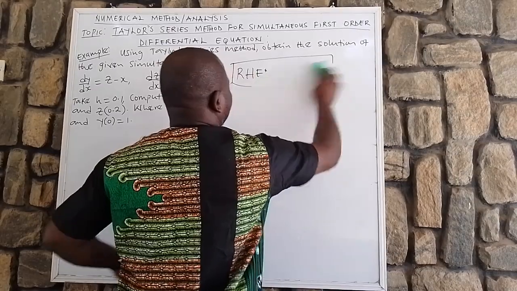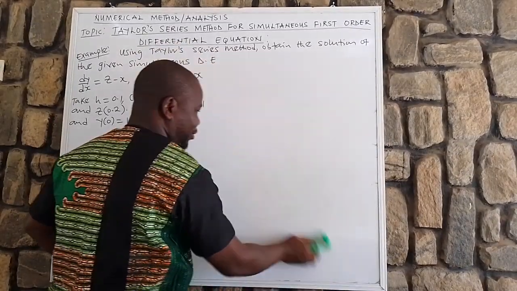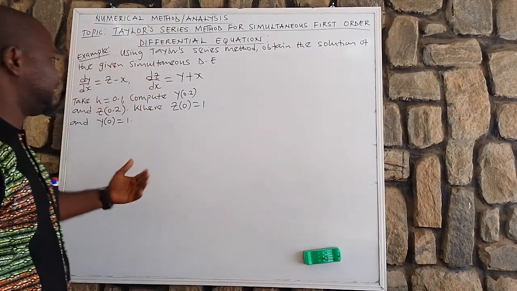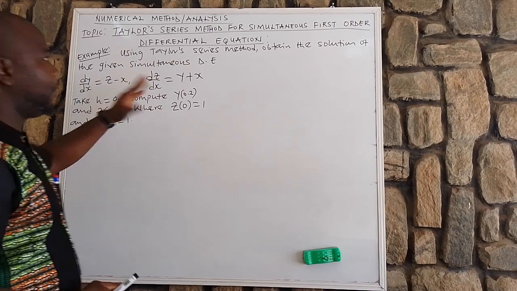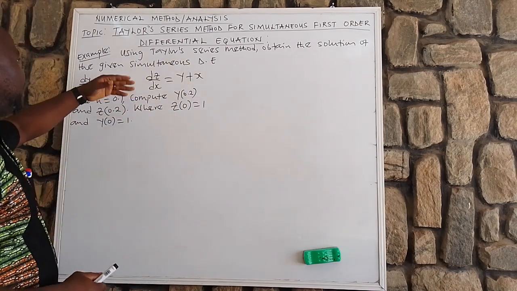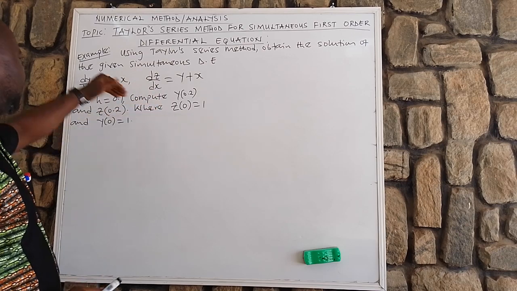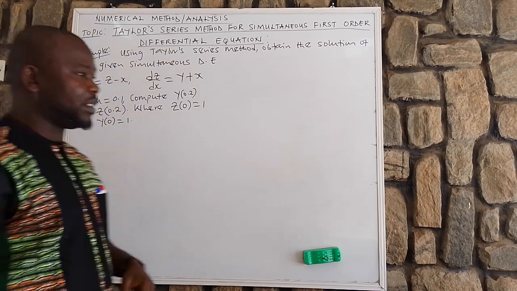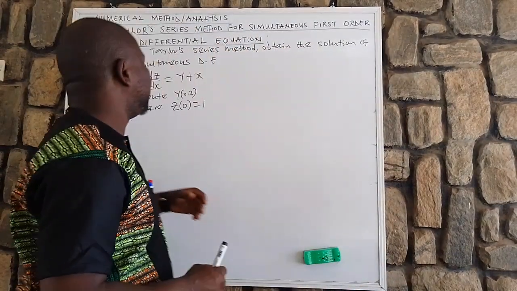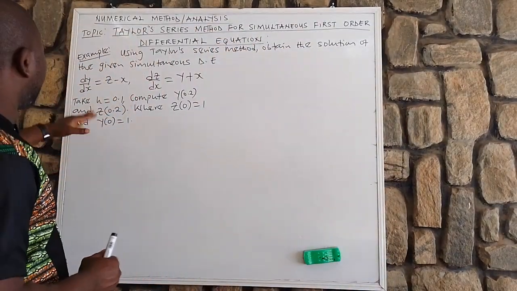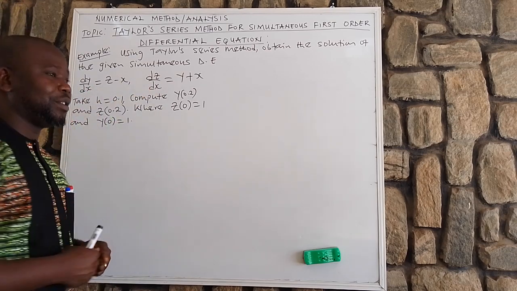It's simple as ABC. Forget about the grammar they are speaking. I'm going to take it step by step. Make sure you understand this. You know, in my first video on this, I solved a similar problem, but not simultaneous. It's just a single differential equation. Today I'll be looking at two differential equations.